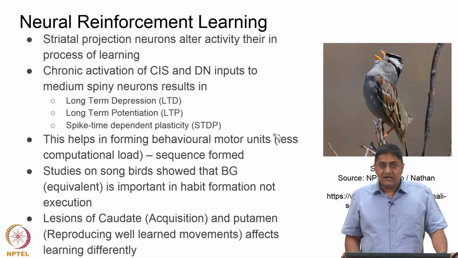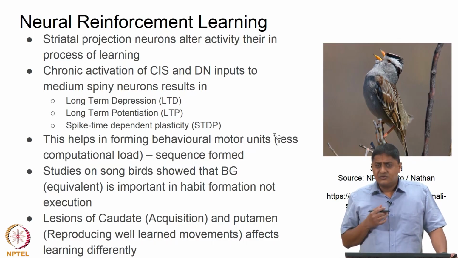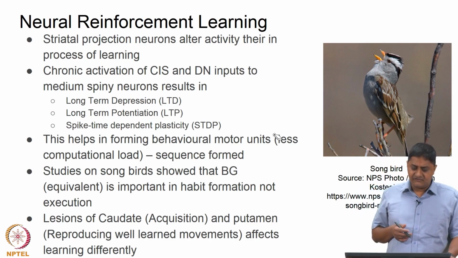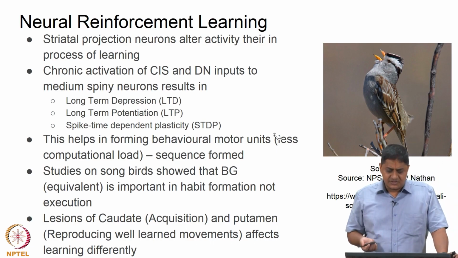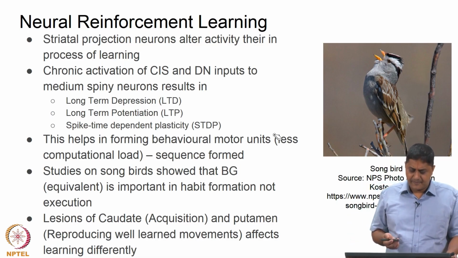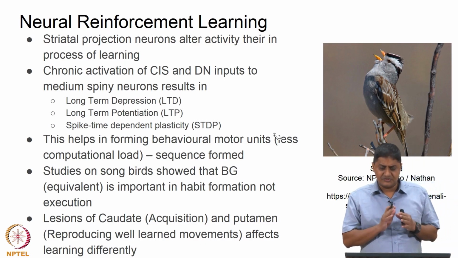What about learning in animals? It turns out that neurons that project to the striatum and neurons in the striatum alter their activity depending on the stage of learning, right. There is chronic activation of the cholinergic interneurons of the striatum and the dopaminergic neurons from the substantia nigra pars compacta, and this interplay between the cholinergic neurons and the dopaminergic neurons, note these two have different functions, right.